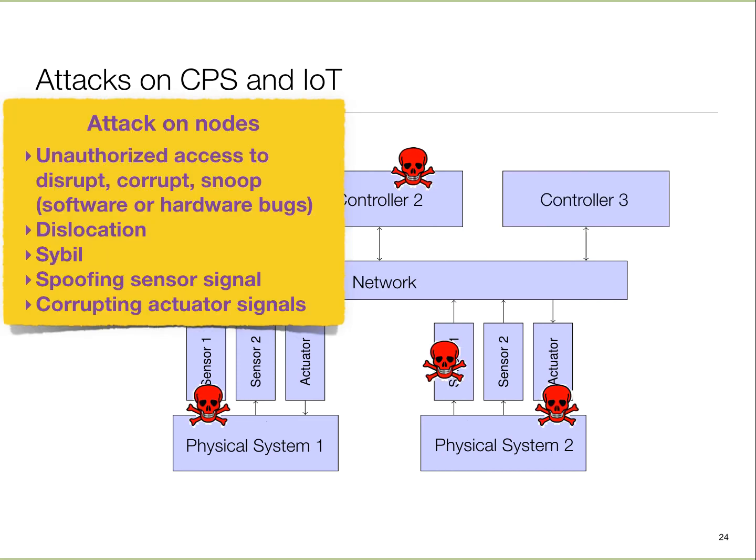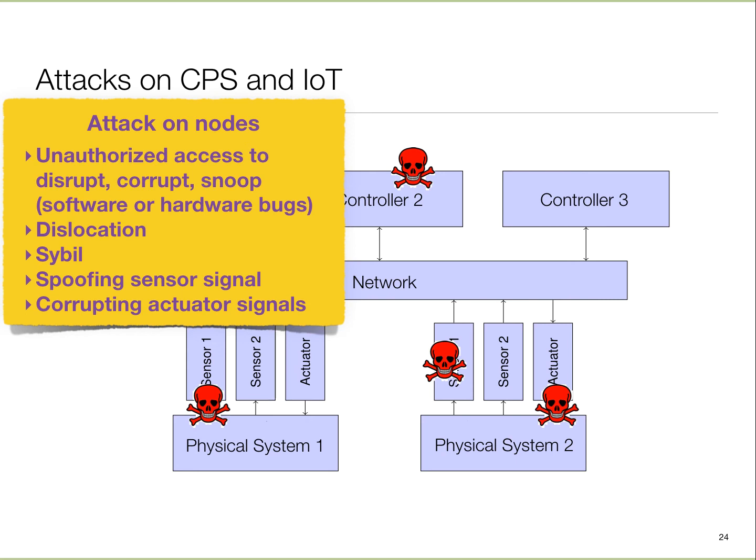So I can attack the network. I can attack the nodes. I could do that by unauthorized access, and then I can snoop, compromise, things like that. I could dislocate. Even a simple attack like something which is measuring some phenomenon, if I'm able to reorient it or displace it, I can have huge challenges there. Sybil attack.